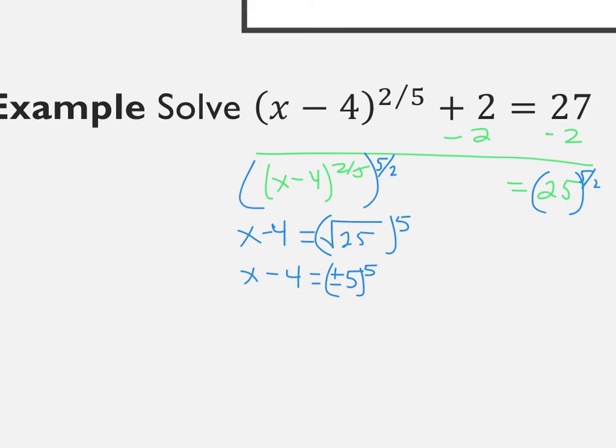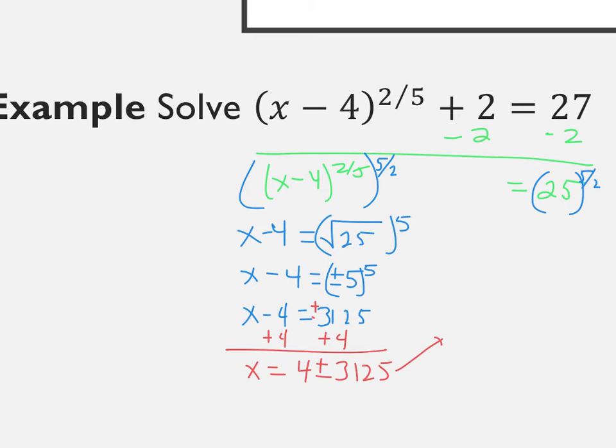And 5 to the 5th power is 3,125. Now, to solve for x, I forgot my plus or minus. To solve for x, we will add 4 to both sides. So we'll have x equals 4 plus or minus 3,125. Remember to give me 2 numeric solutions, however.